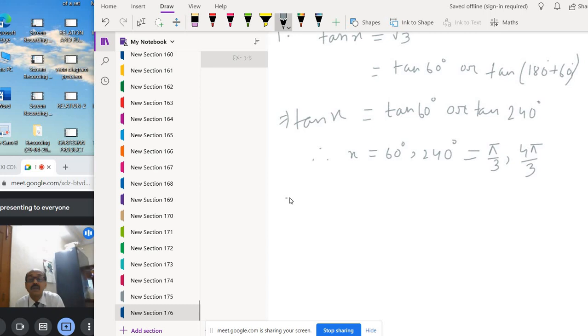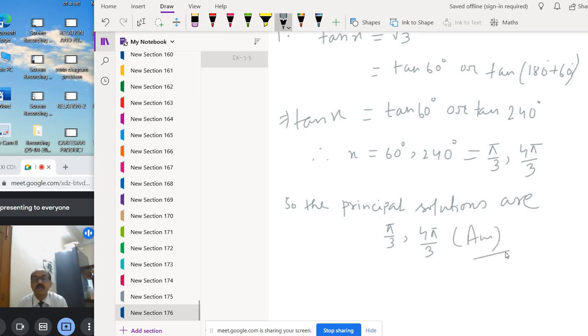So the principal solutions are pi by 3 and 4 pi by 3. This is the principal solution. Now, the general solution you have to find.